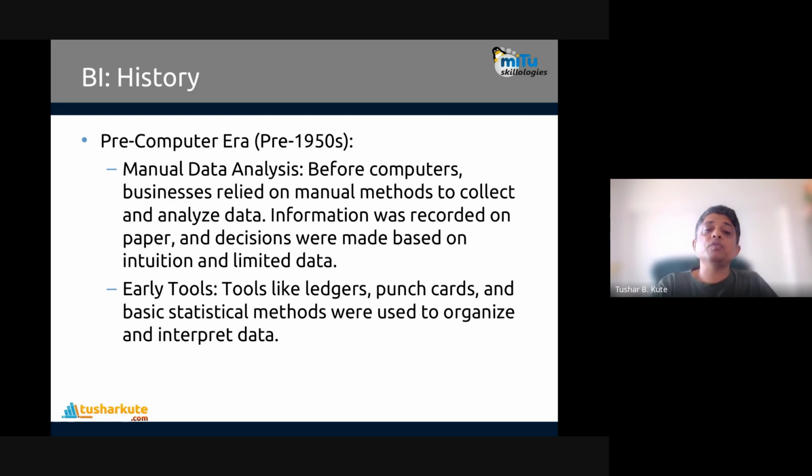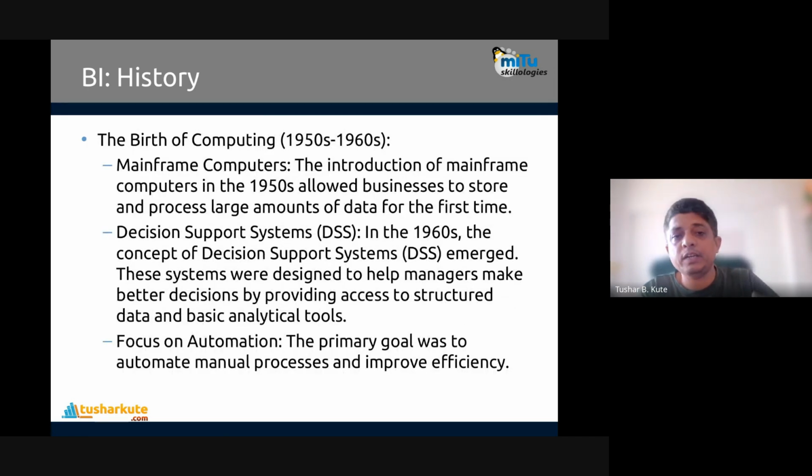At that time information was recorded on paper. Decisions were made based on intuition and a limited amount of data. So what tools were used there? Ledgers, punch cards, and basic statistical methods to organize and interpret the data. But from the 1950s onwards, the computing generations started, where they primarily used mainframe computers.